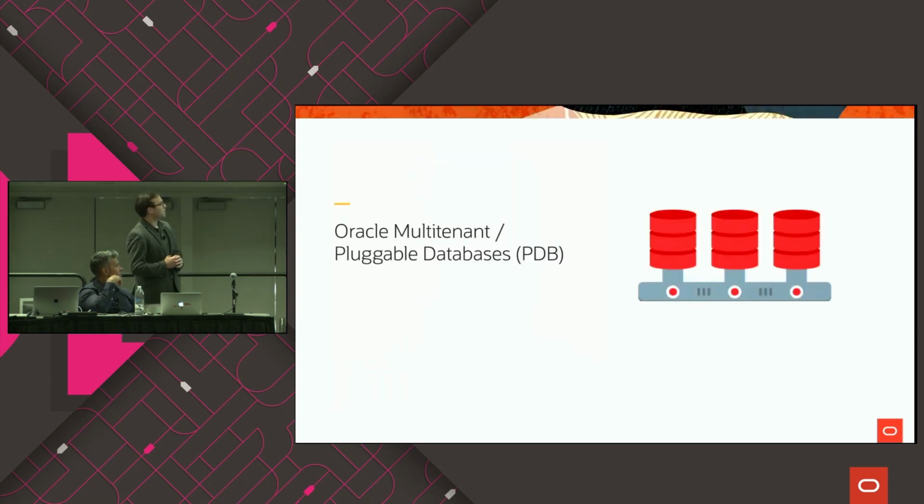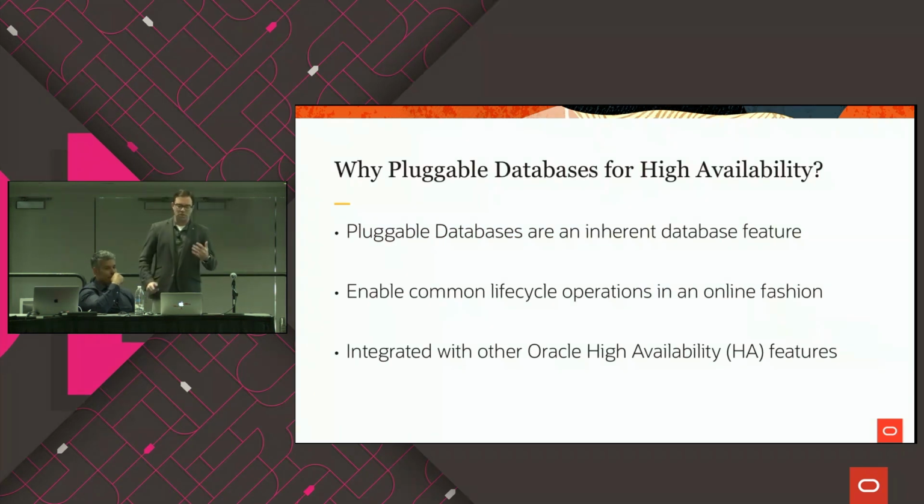Let's go and talk about Oracle Multitenant and Pluggable databases. And as I said before, you may wonder why I would bring up Pluggable databases as a high availability solution. And the answer is rather easy, because Pluggable databases are an inherent database feature. And if you had followed what happened and what was announced during Open World this year, you may have noticed that, obviously we made it easier for you to adopt Pluggable databases, but we also have come a step closer to non-CDB databases being de-supported.